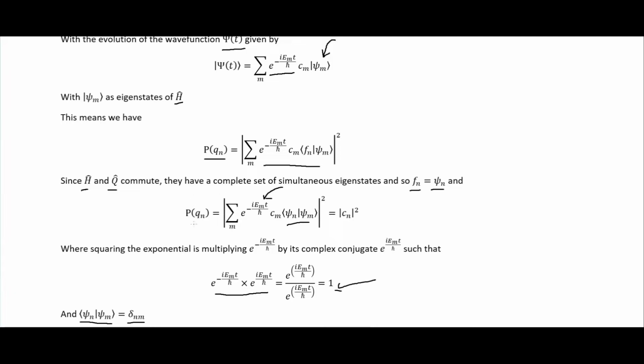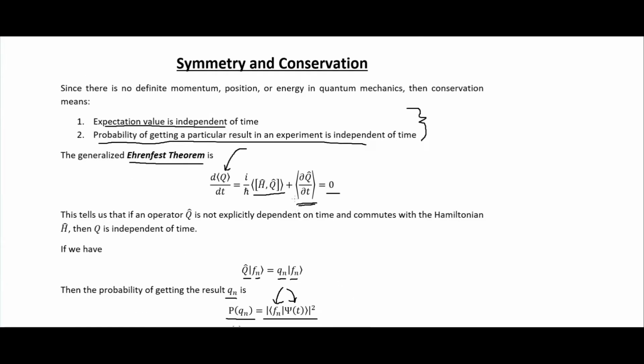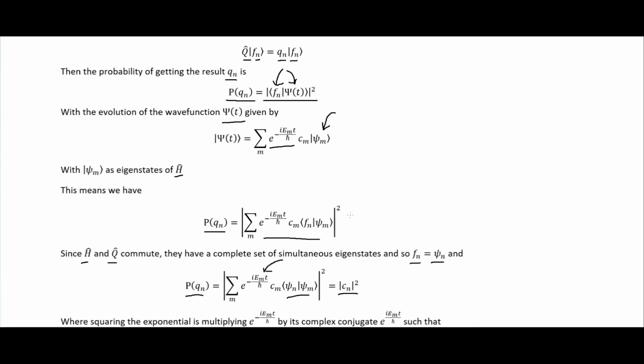So the probability of seeing q sub n is just equal to this coefficient, c sub n, squared, which is independent of time. And that's why we would get 0 for the Ehrenfest theorem here.